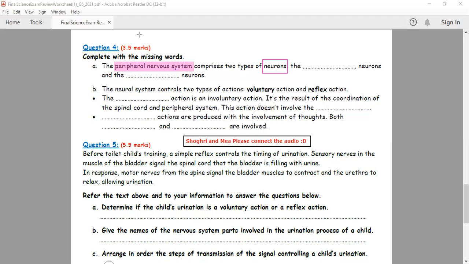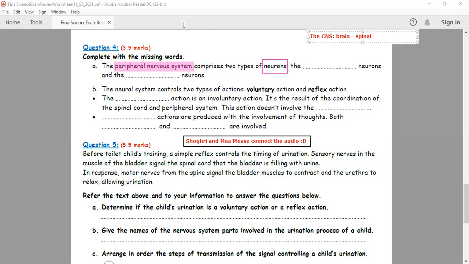Why do we have 2 types of neurons? Because there are 2 ways. There are two types of messages. There are the messages going from the central nervous system. What are the 2 organs of the central nervous system? Brain and spinal cord.